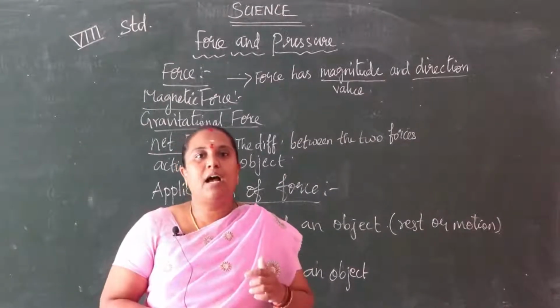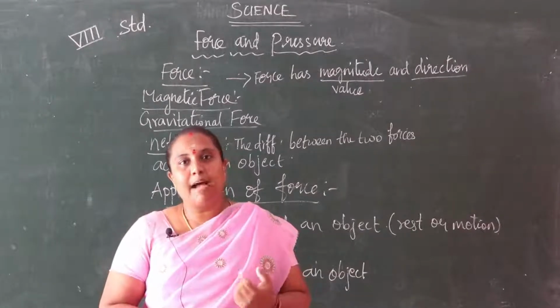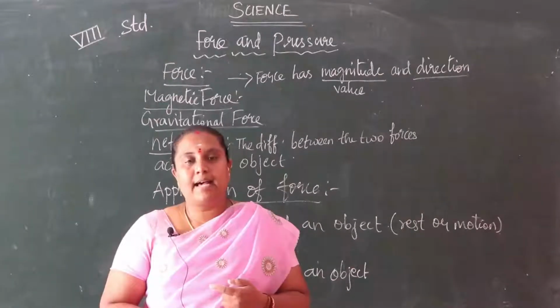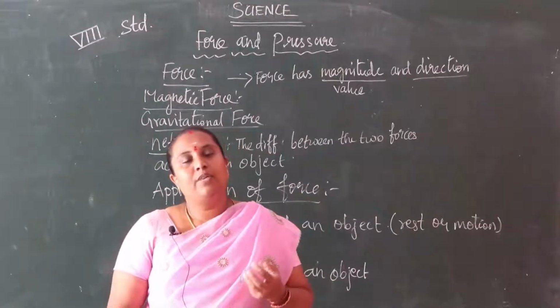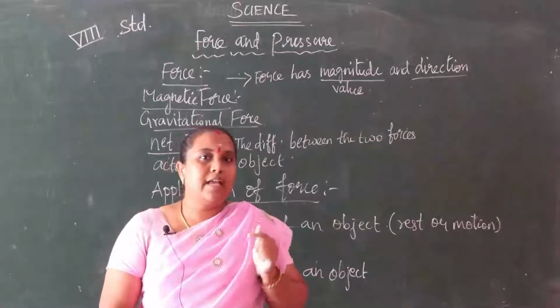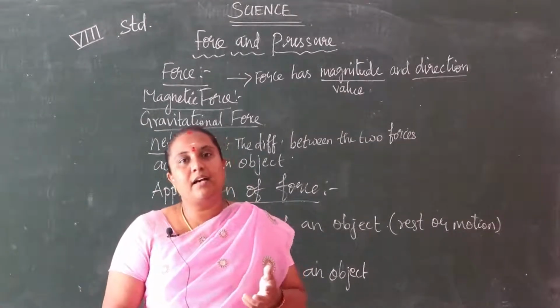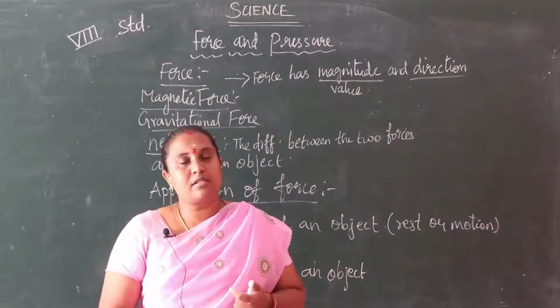Here we have to know that force has a magnitude as well as a direction, so we can say it is a vector quantity. You know what scalar and vector quantities are. Scalar means it has only magnitude, there is no direction.